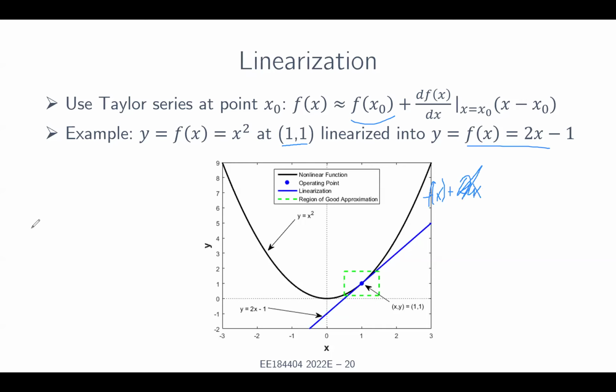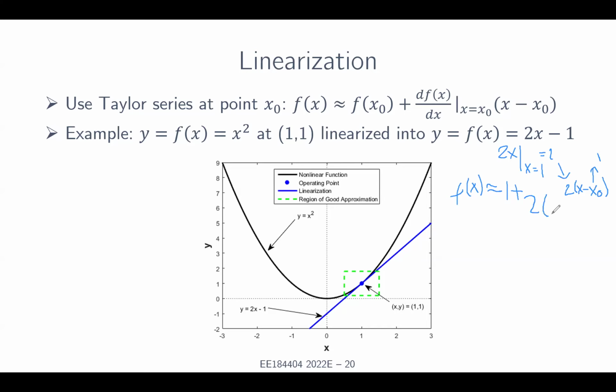Okay, so let me erase this. The derivative is 2x, right? So f(x) is approximated by 1 plus the derivative 2x, but x is 1, which is 2, right? And then this is multiplied by x minus x0, which is 1.